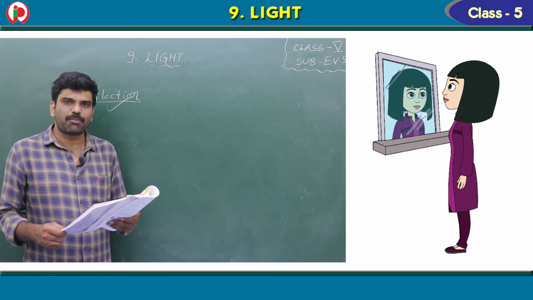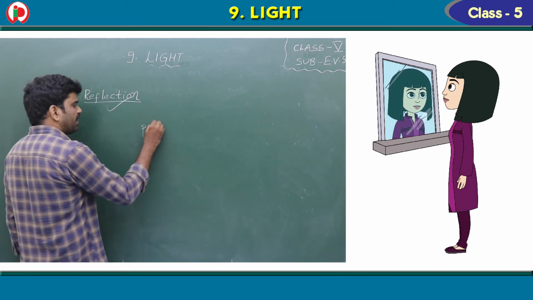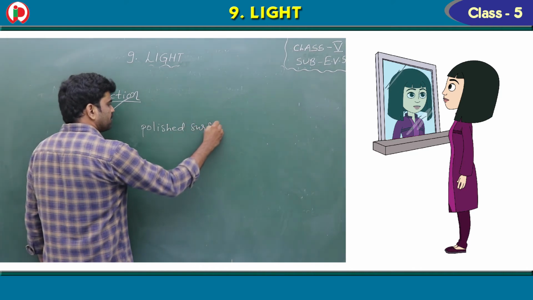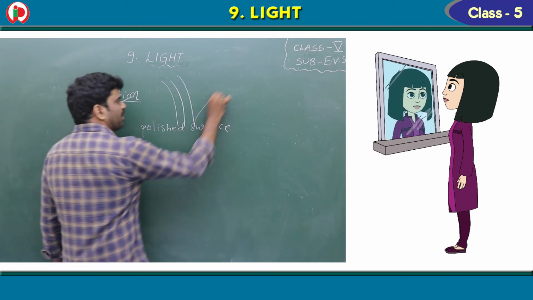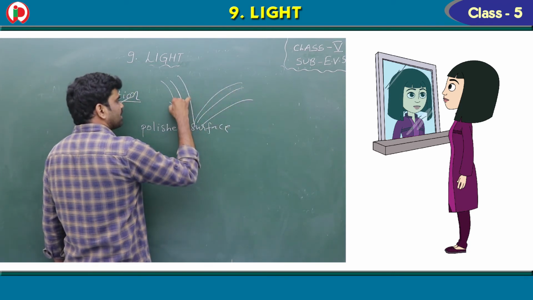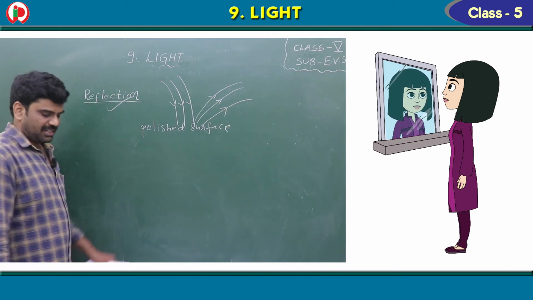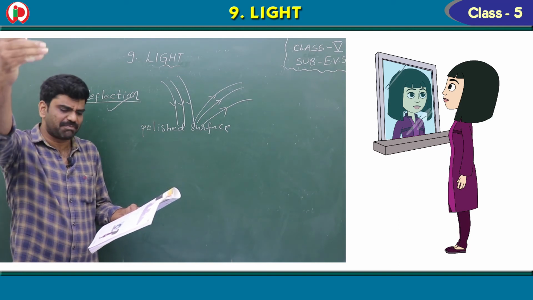When light falls on a polished surface, what happens? It goes back. So with a mirror or a shiny or metallic surface, it bounces back.